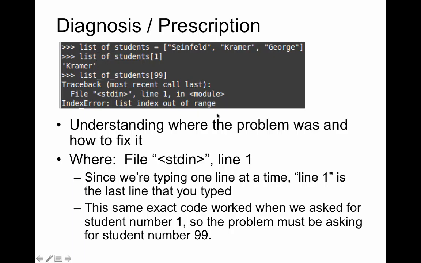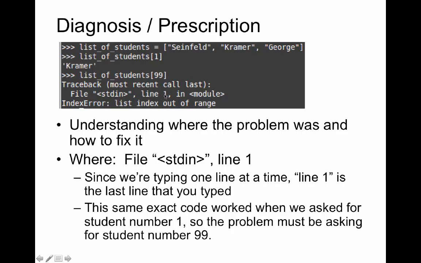When you're using the Python interpreter, you type in everything line by line. So when it says the error happened in the file standard input, which is just typing stuff in, there's input and output. Input means you're typing things in. Output means it happened when it was trying to output your text or whatever. If you're only inputting one line at a time, chances are it happened on line number 1, because there's only one line.